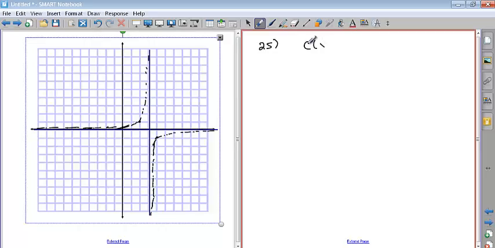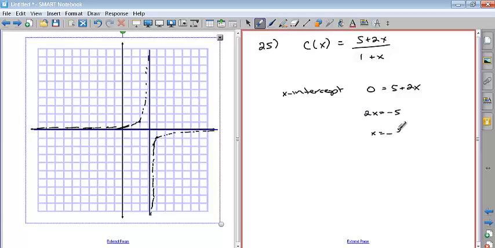This says c of x, 5 plus 2x divided by 1 plus x. Okay, so this one's going to be different because there is a case where the numerator does go to 0. So for the x-intercept, you set the numerator equal to 0, solve for x, you get x is negative 2/5, and y equals 0.